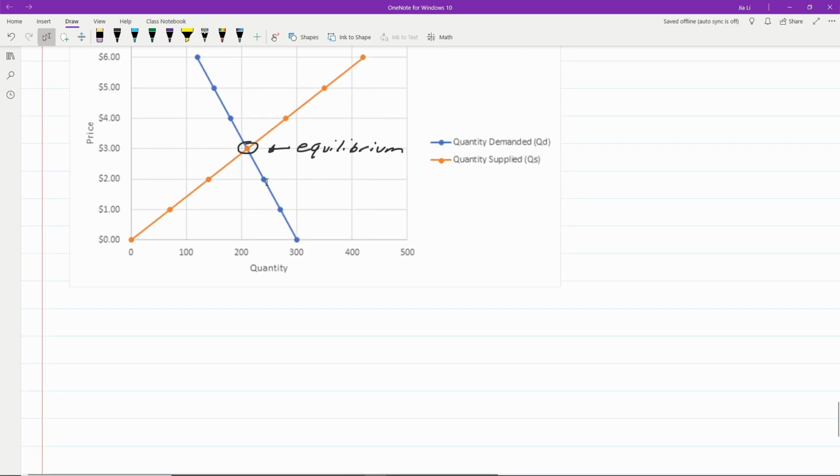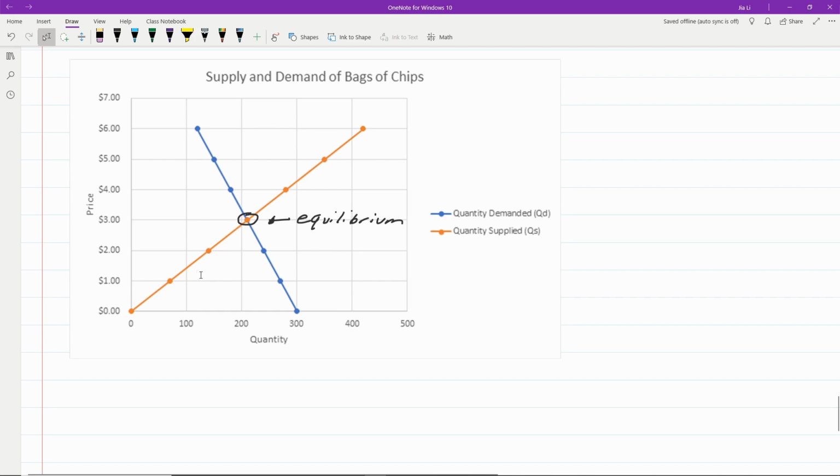So when we see a demand and supply graph like this, where the supply curve crosses the demand curve becomes our equilibrium. The quantity here is 210. It's not labeled because of the way the axes are set up, but I can mark that down here. That's 210, and the price here is $3. That's our equilibrium price.